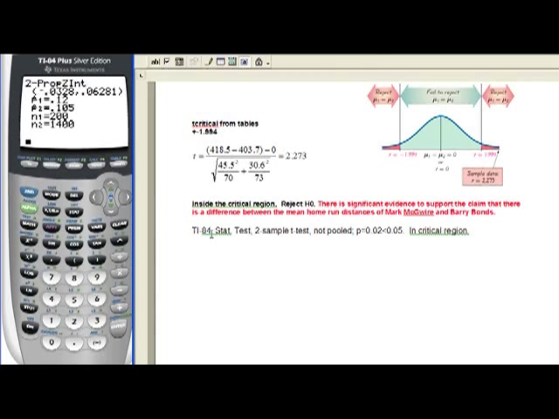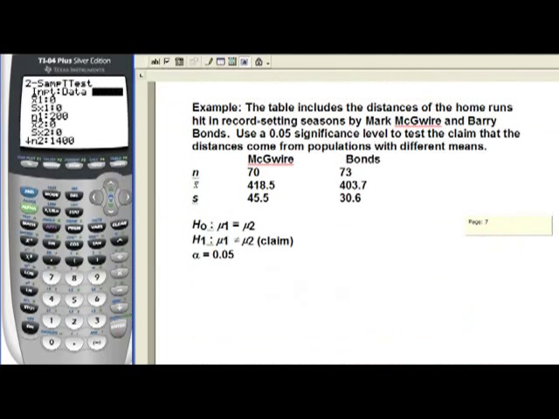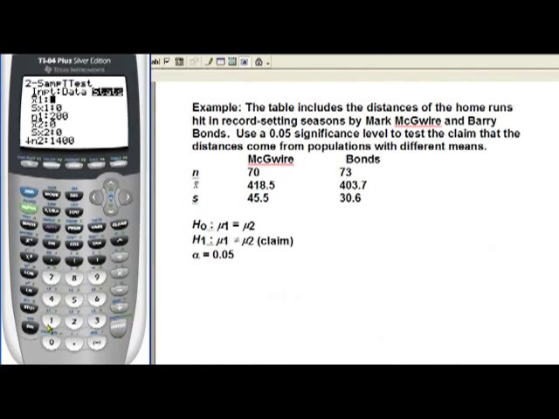Now, if I go and do this in my graphing calculator, I would have gone to Stat, Test. This time you do two-sample t-test, which is number 4. Now you would have gone and gotten the stats. And x1 bar, let me go in there and enter that. That's 418.5. Sx1 is 45.5.